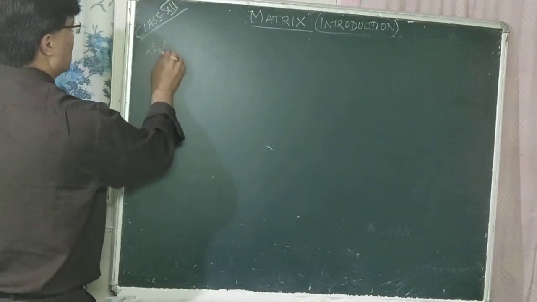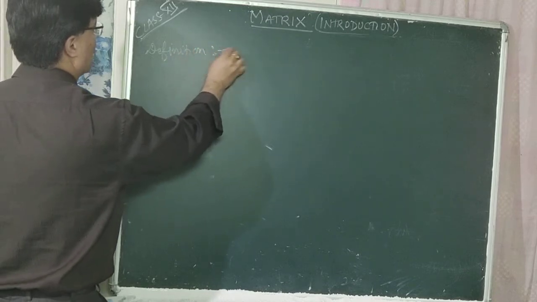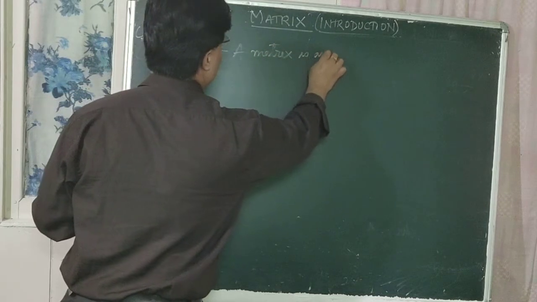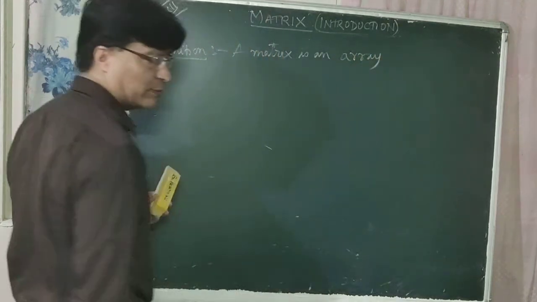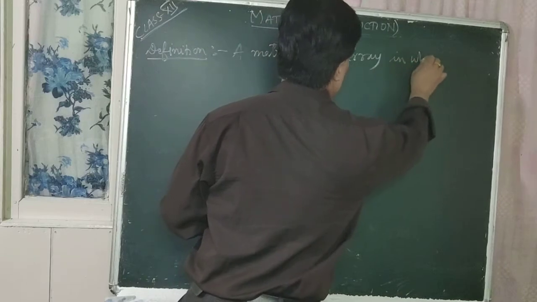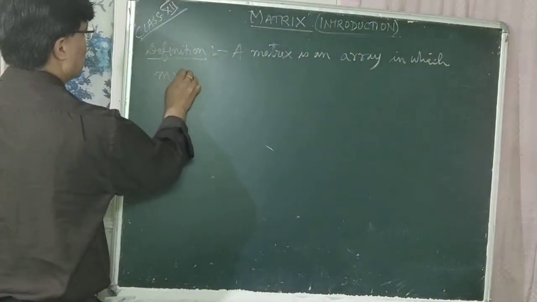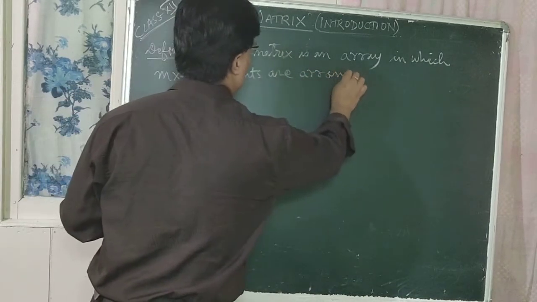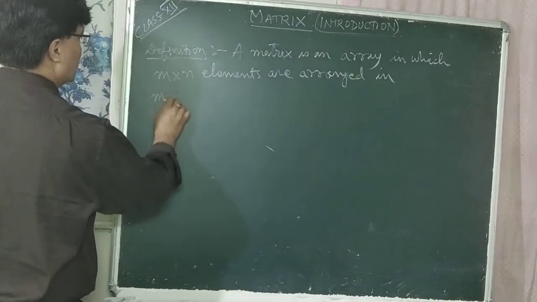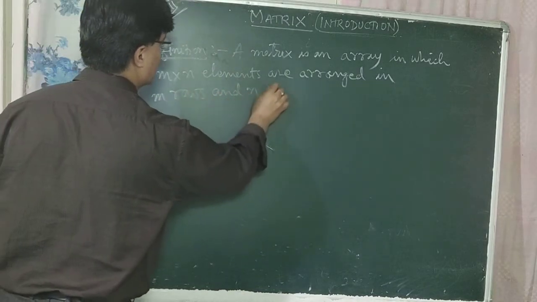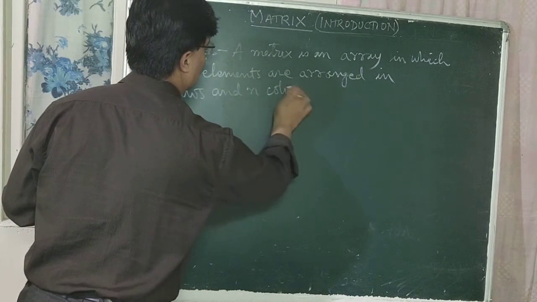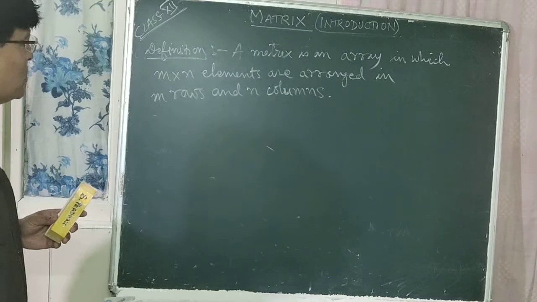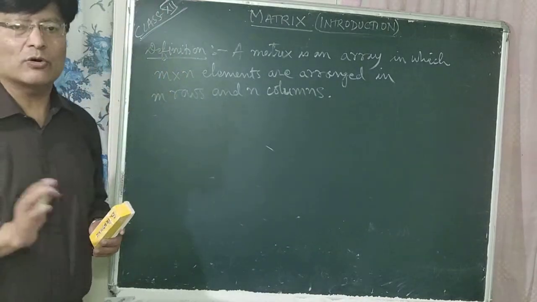The definition is: a matrix is an array, meaning an arrangement, in which m cross n elements are arranged in m rows and n columns.